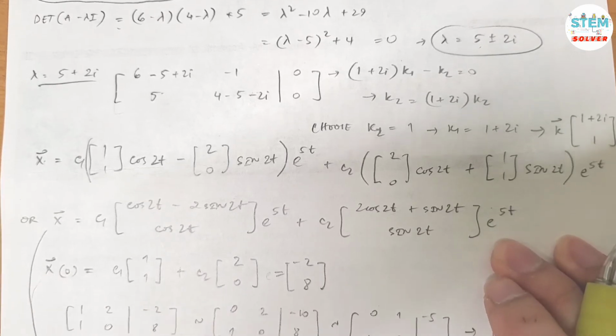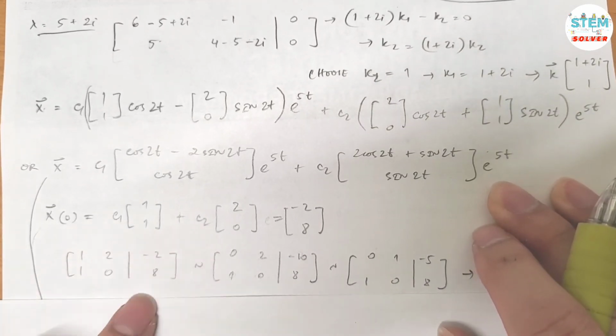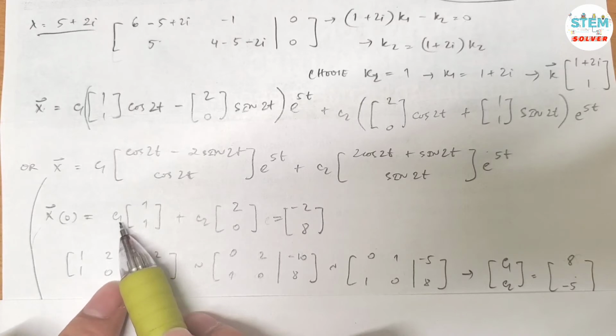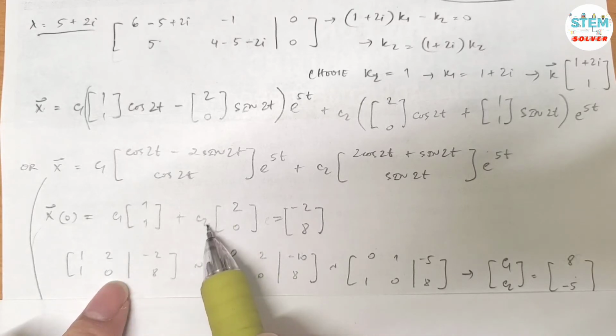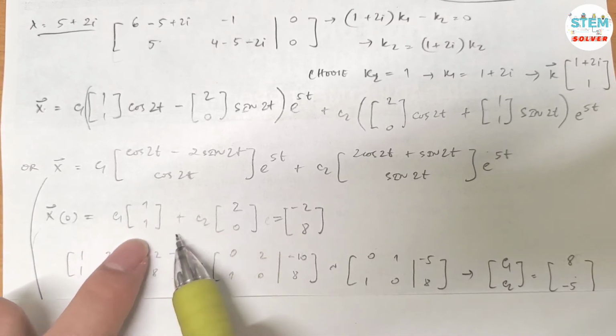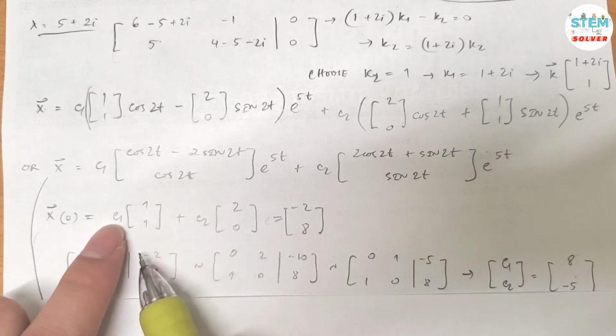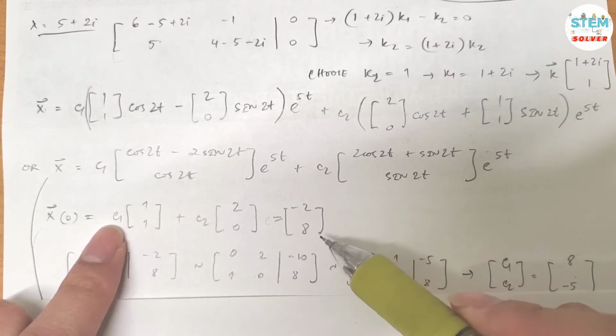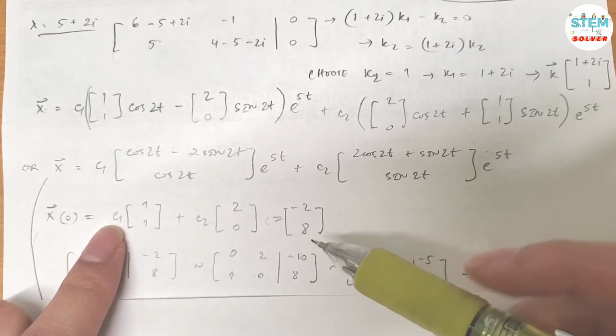Now the next step is to find c1 and c2. As you can see, it's similar to when you have x1 and x2, you have two equations, a system of equations, and here is x1, here is x2, or x and y, and the right side is the constants.